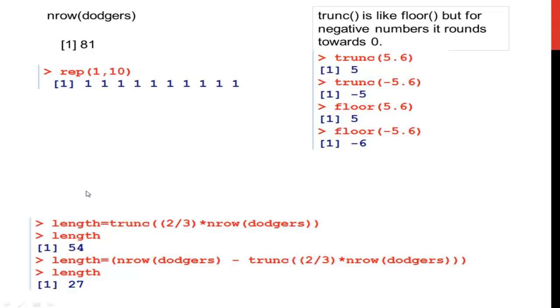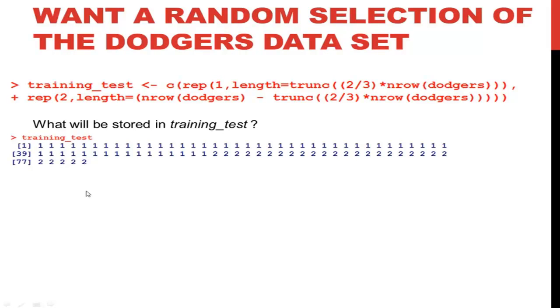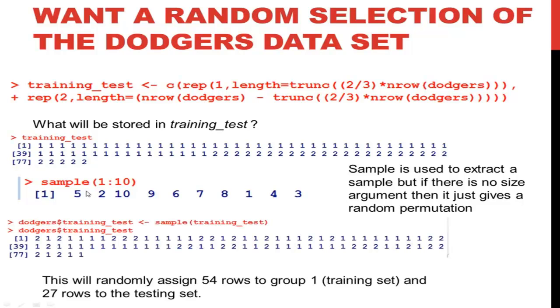It came from this. We did sample on it, so we got a random ordering of this vector, right? You guys remember that? And then we turned it into a factor, but that's not so important right now. Everyone see what it is though? It's a random ordering of this vector.